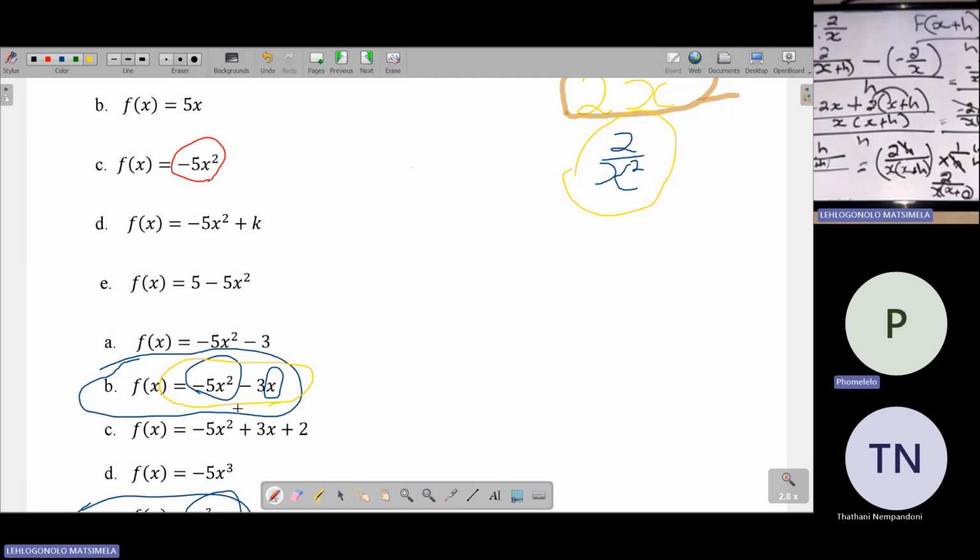It means when you derive, you will derive the first part separately or independently, and also you will derive the second part separately or independently, so that you can end up having the correct answer. Because the mistakes that we mostly see when we do the markings, we see that candidates are only deriving the first term or the first part, and then they leave the rest as if they are done deriving.